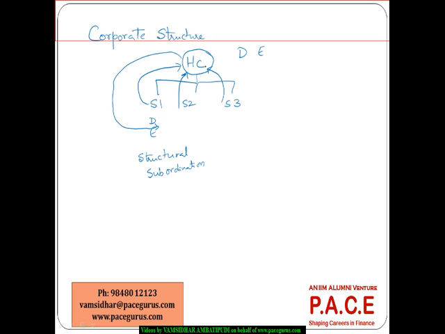So from the parent's perspective, the dividend that it receives from the subsidiary may be much lesser, and it may not be sufficient to pay the debt payments at all. That could trigger a default from the parent.